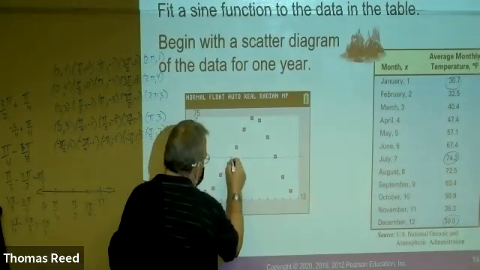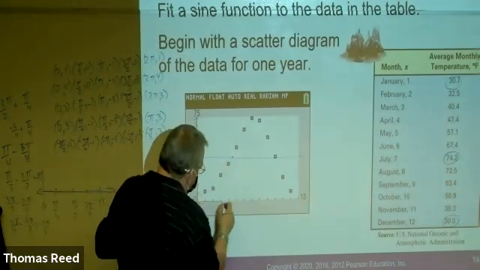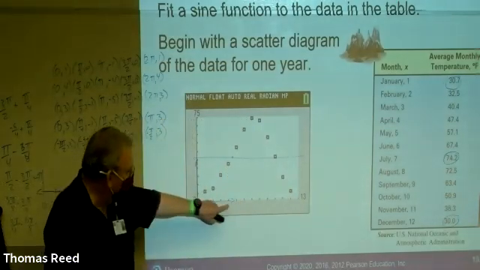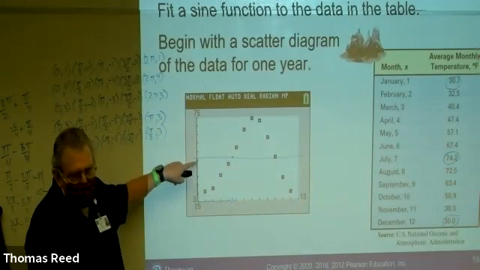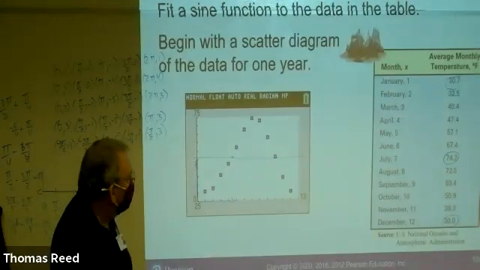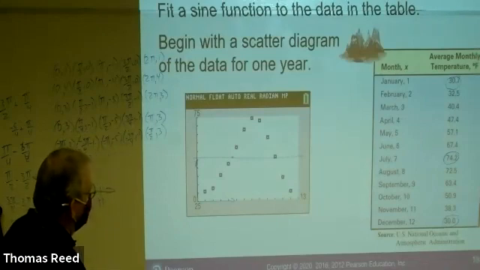And that means we got a shift this way and a shift this way. So we have a phase shift and we have a vertical shift. Because sine is at 0 when x is 0, sine is 0.